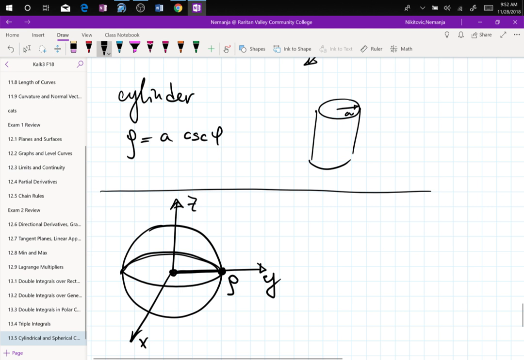Radius rho. All right. I managed to mess up my elbow here, so I don't know if I can do it now, but I'll try. So here's what we're going to do.